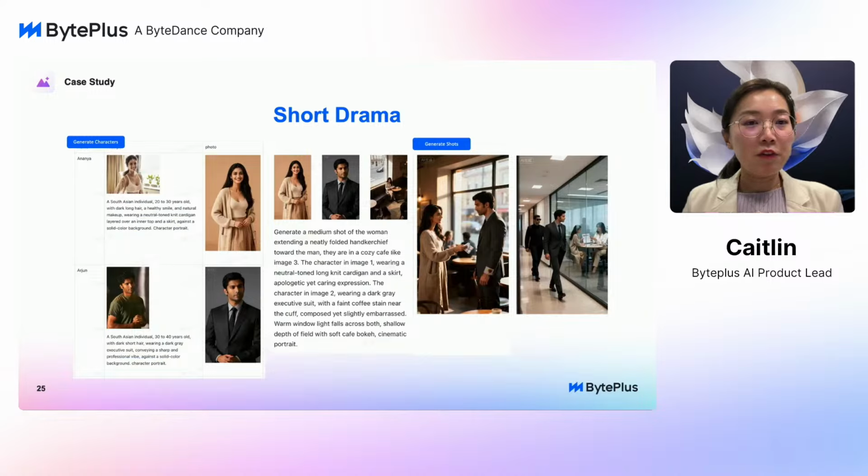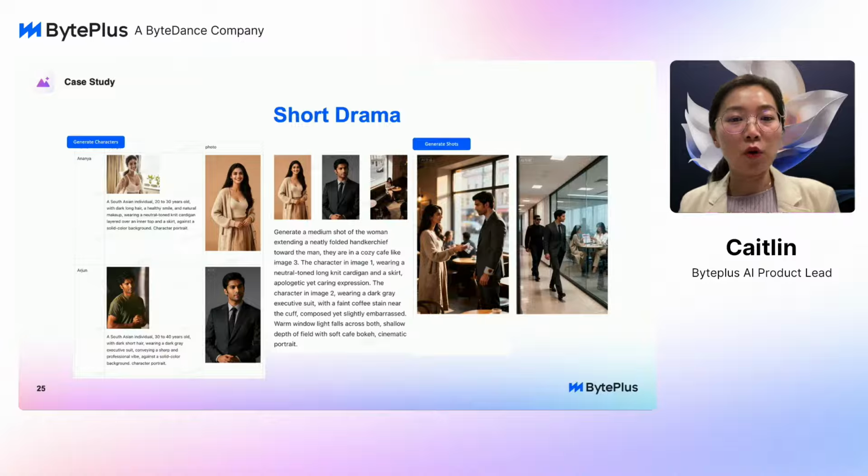And we are also getting some traction in the short drama industry. So here is an example and mock-up. We can generate virtual characters with Seedream 4.5, and come up with different plots and stories, and because the accuracy and capability of this model is increasing, it's able to unlock a lot of new use cases and handle difficult scenarios.